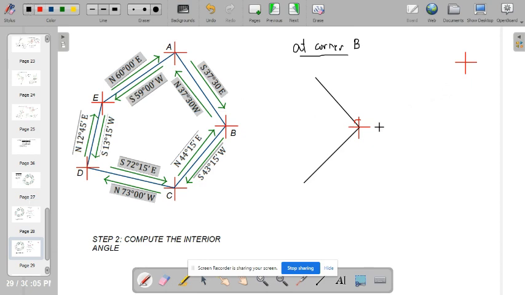This is B, this is towards A, and this is towards C. So this is 37 degrees 30 minutes, and this one is 43 degrees, BC, right? 43 degrees and 15 minutes. We need this angle here.